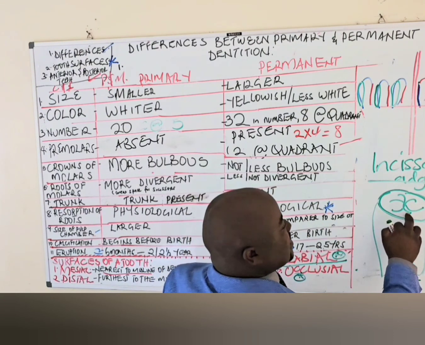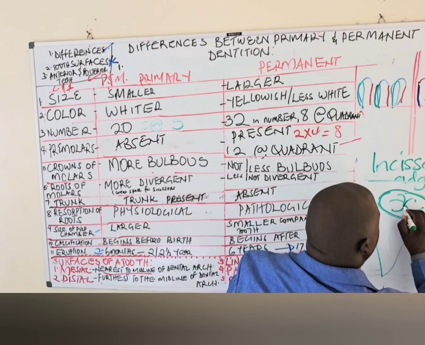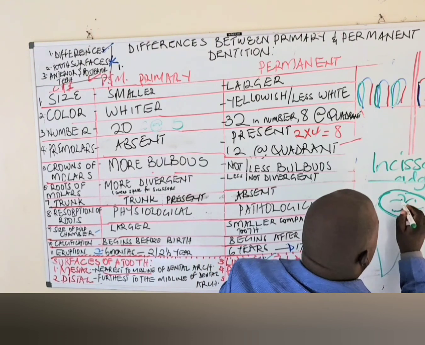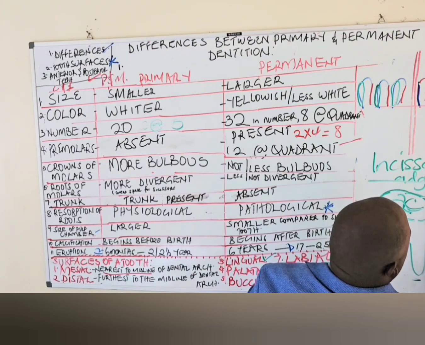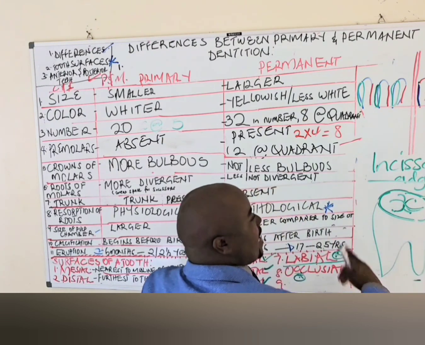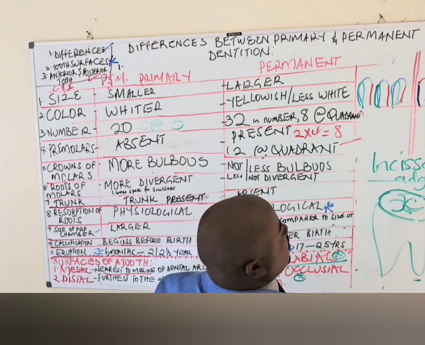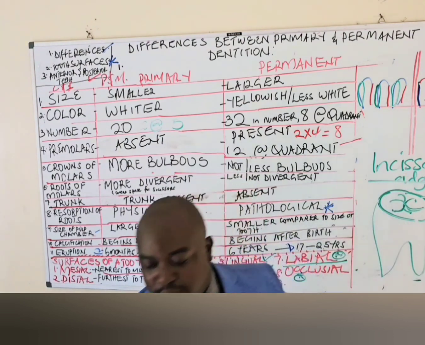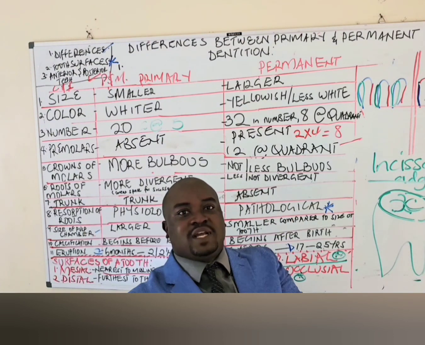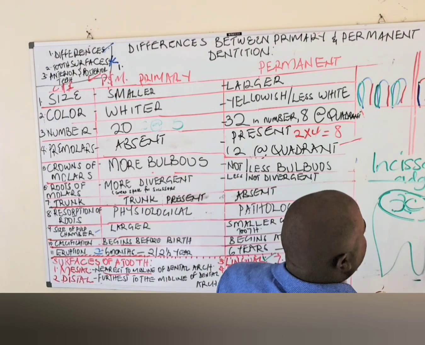Why is it like this? It is not straight because these ones here, we call them fissures. They are just a line of foldings on the top of the tooth. Because of that, they make depressions, and these depressions on the occlusal surface are called pits.